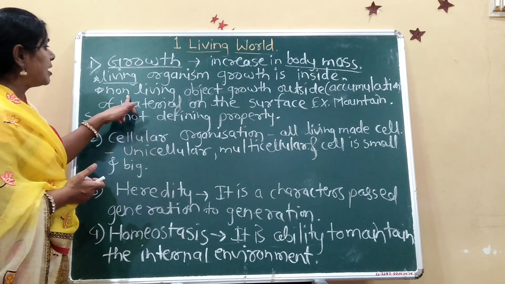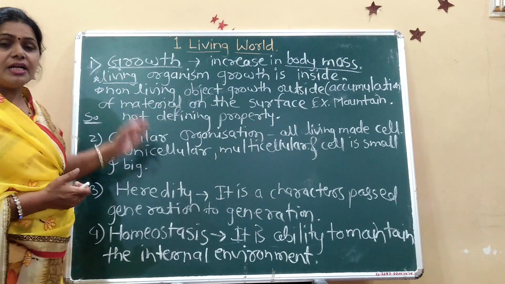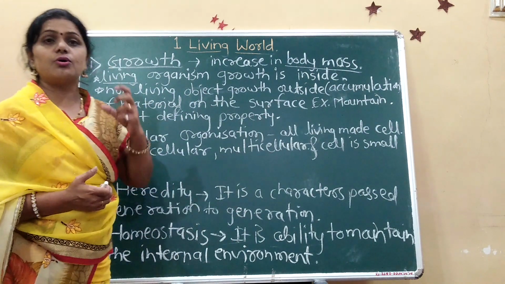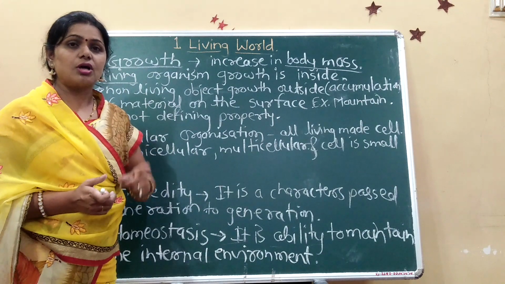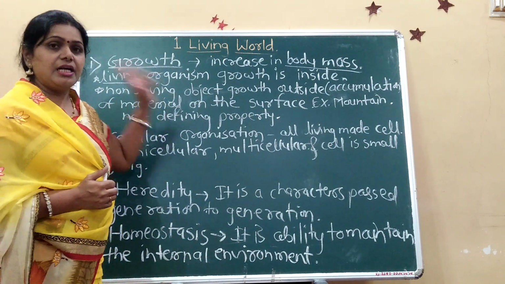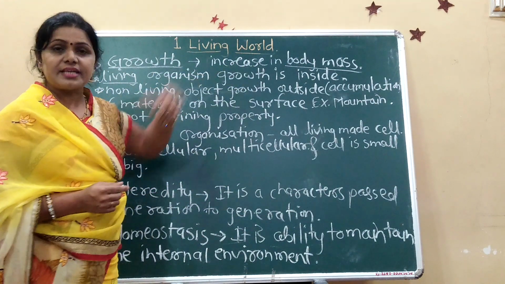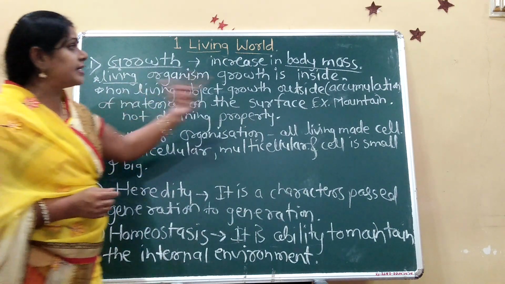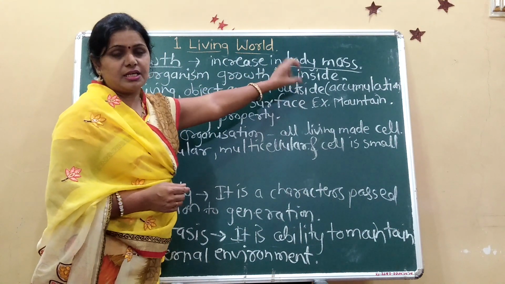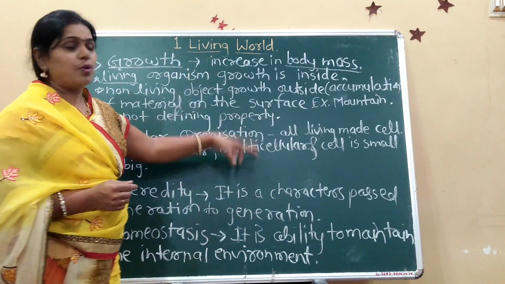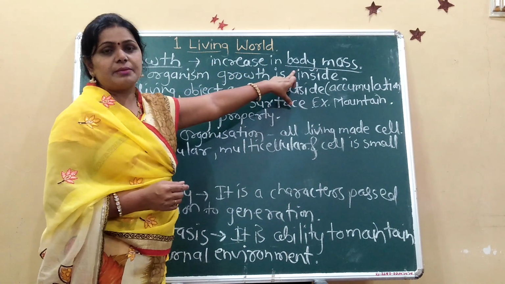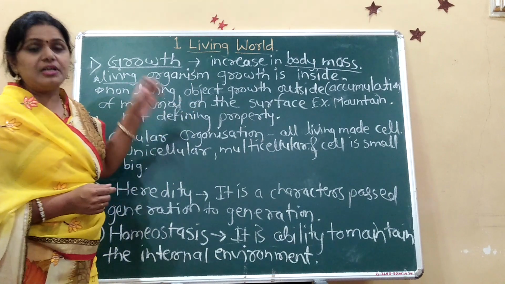But non-living things, non-living objects also show growth here, and that growth is outside growth. Living thing growth is inside, with an increase in body mass. Here the recognized word, increase in body mass, is the growth of a living being.